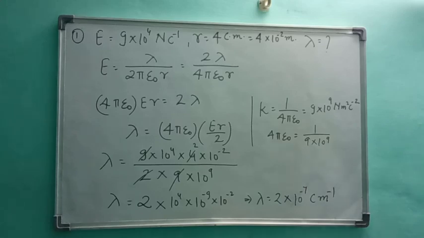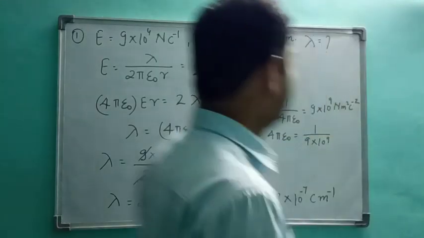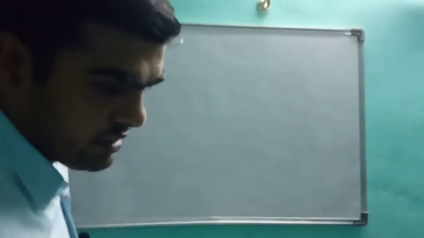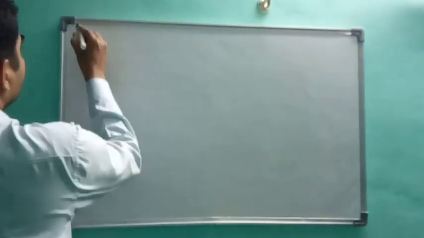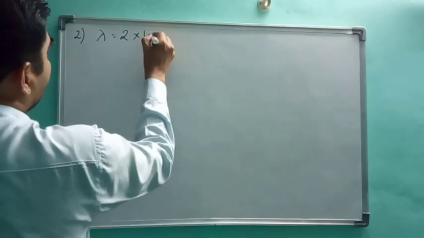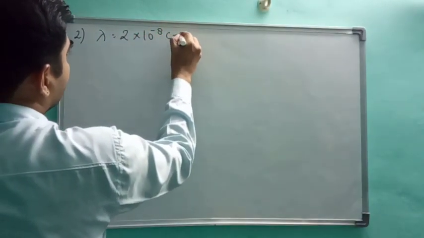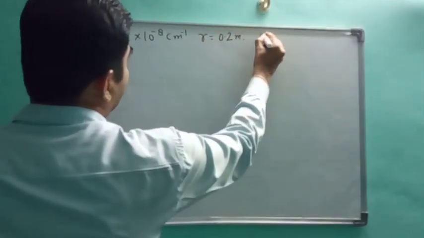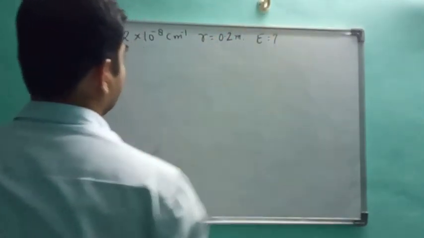Write down. Okay, now the second question is related: linear charge density is 2 into 10 to the power minus 8 coulomb per meter and distance is 0.2 meter. Then find out the electrical field.